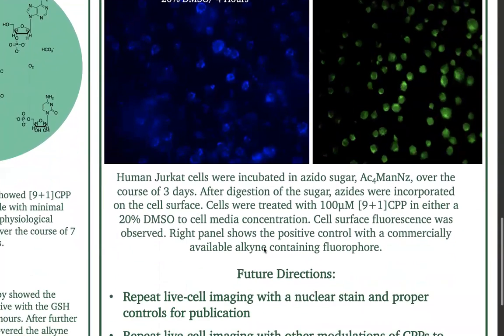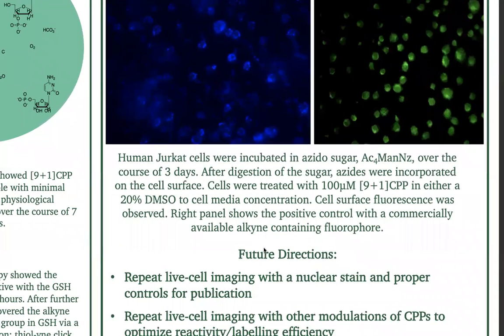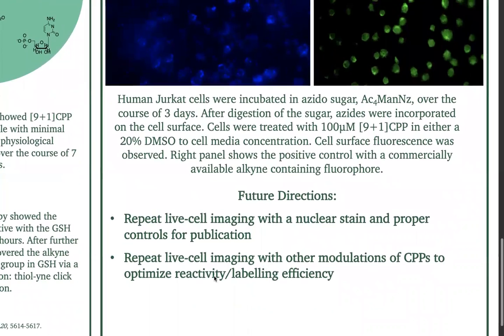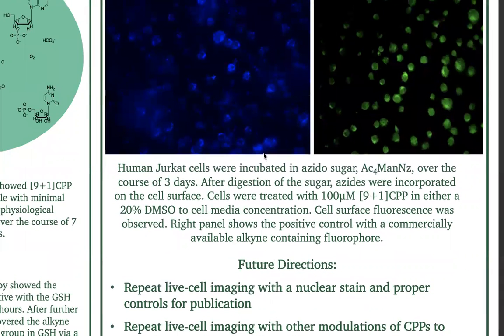And yeah, so the future directions of this project as a whole are just to repeat this cell labeling experiment with a nuclear stain and also some proper controls for publication. So we could treat cells with a CPP that doesn't contain an alkyne, and we would hope to see no fluorescence.